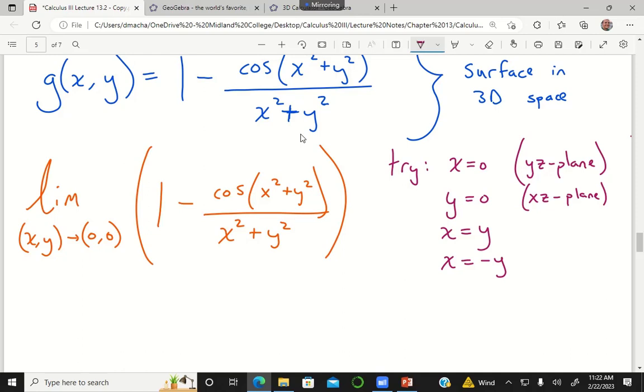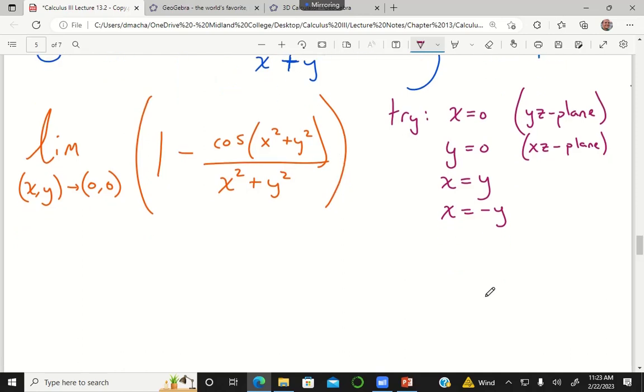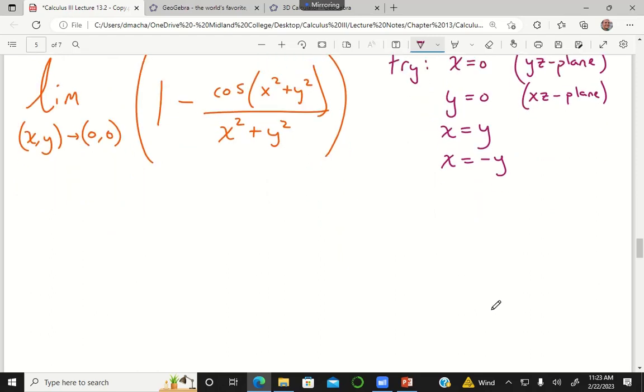But I just like trying these 4 traces and seeing what happens with the limit, because it helps me get a better grasp of what I'm looking at. And a lot of times you can get a lot of insight about a surface from looking at those 4 traces. And in this case, let me try setting x is equal to 0 first.